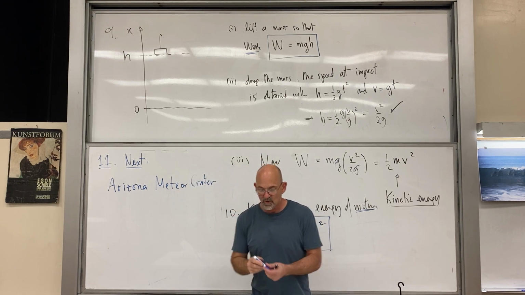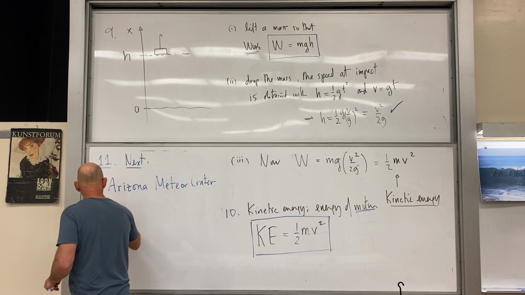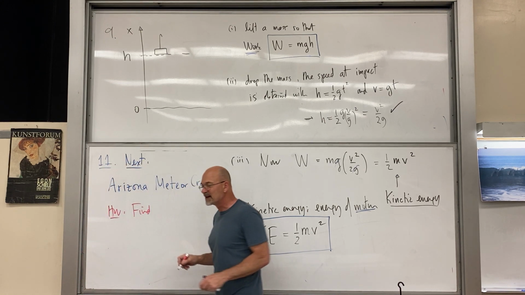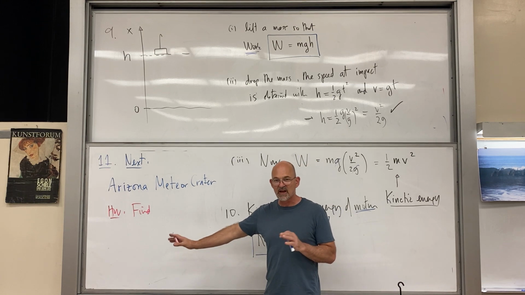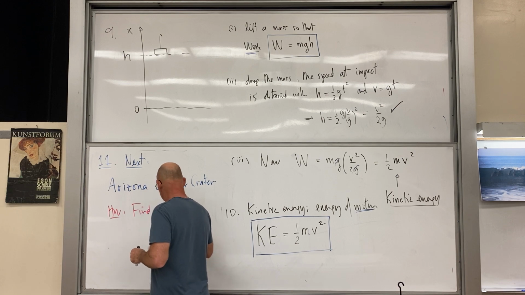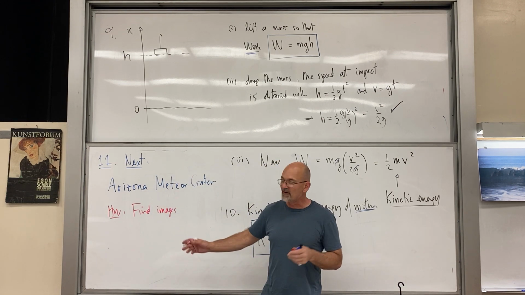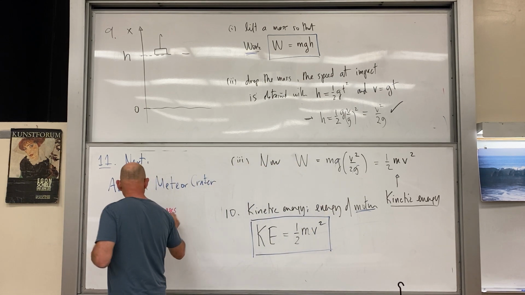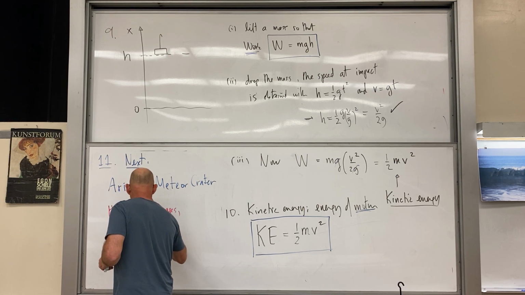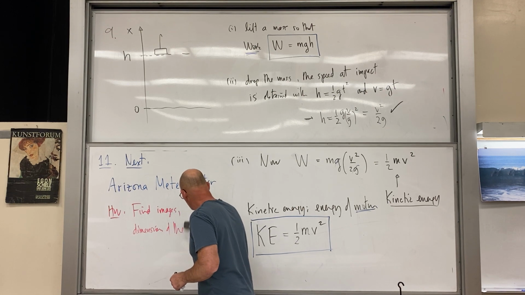This is one with images and dimensions. So, homework. And this is an interesting thing to read up on. You can find some pages on it online. We want images. You can print them out and you can label it with the dimensions and information that you find out about it. Images, dimensions of the crater. And whatever else interests you.